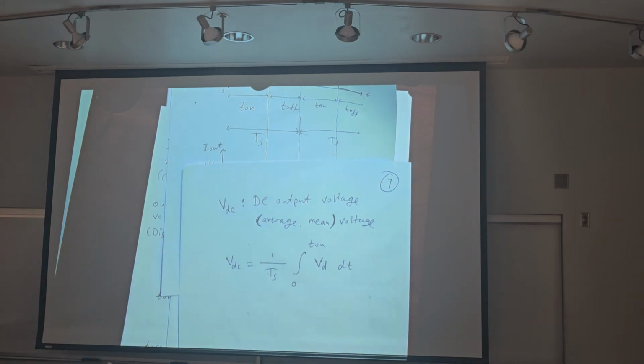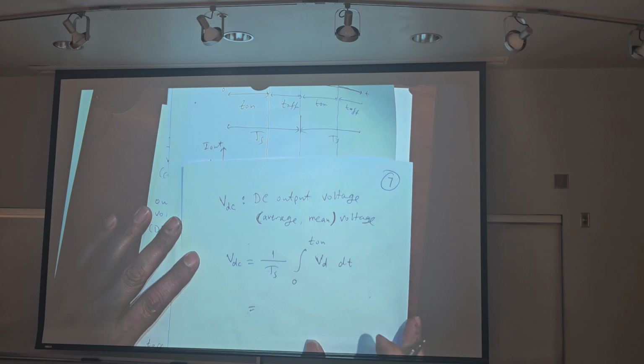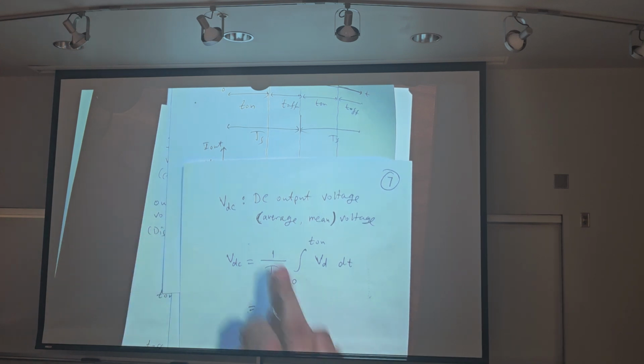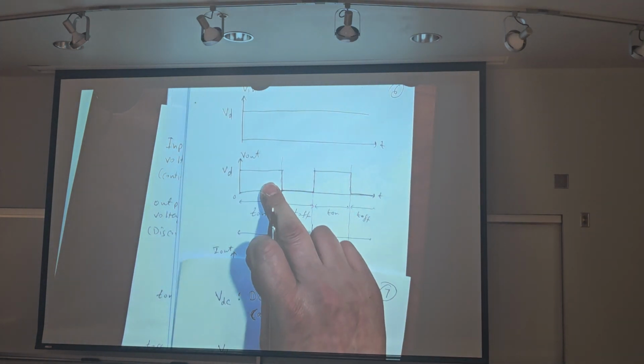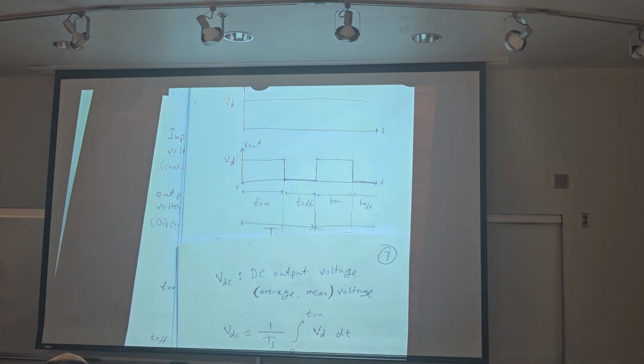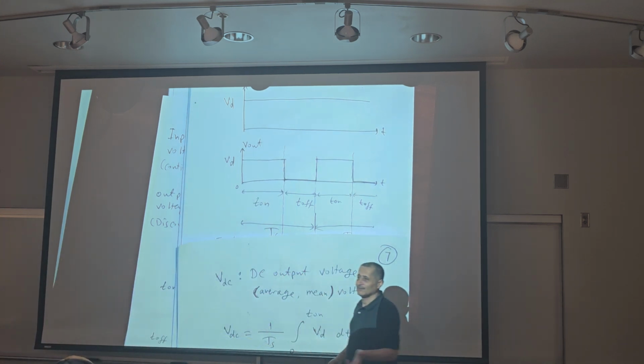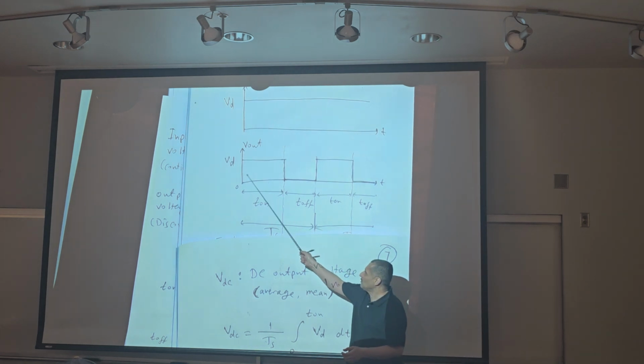And then the integral we can write in another form. This is a square. What's the area of the square? Height times width: height VD with T on.